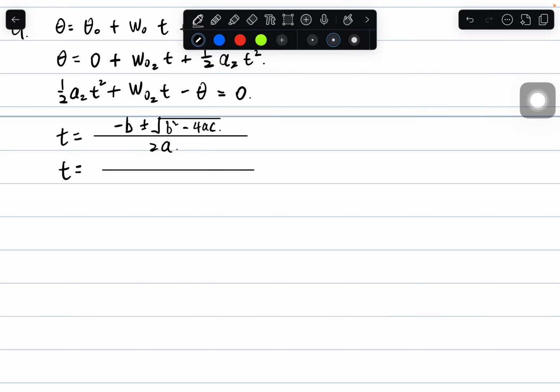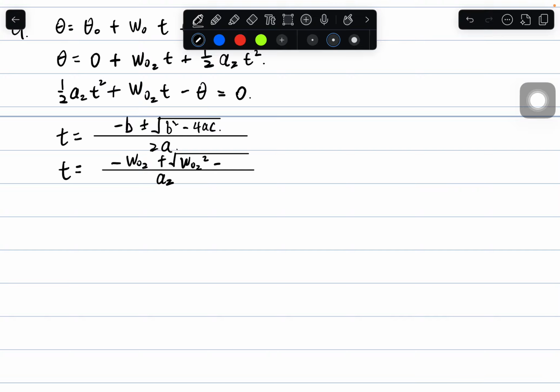Here a is 1/2 αz, so 2a is αz, over negative ω0z plus or minus the square root of ω0z squared.